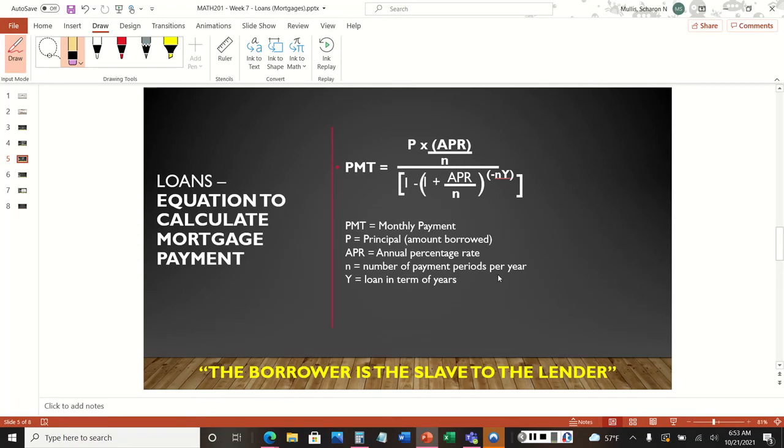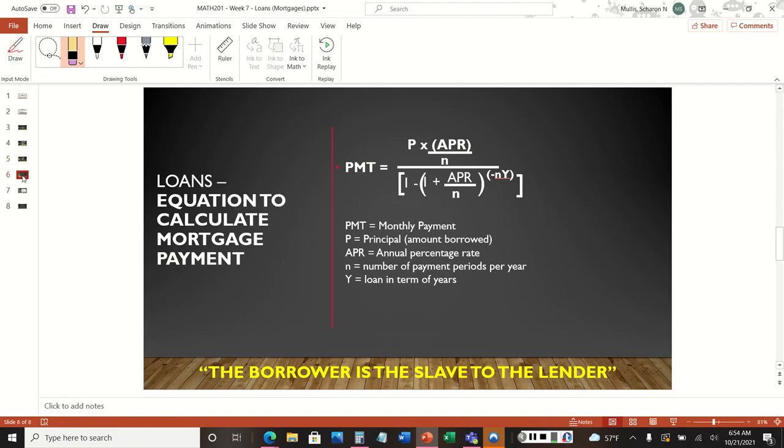If it's quarterly, then it's 4 payment periods per year. If it's semiannual, then it's 2 payment periods per year. So this could change based off of whatever payment periods you agree upon. Y equals the loan term in years. So if it's a 5-year loan, Y would be 5. If it's a 30-year loan, Y would be 30.